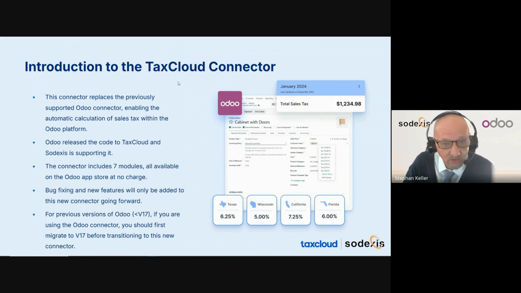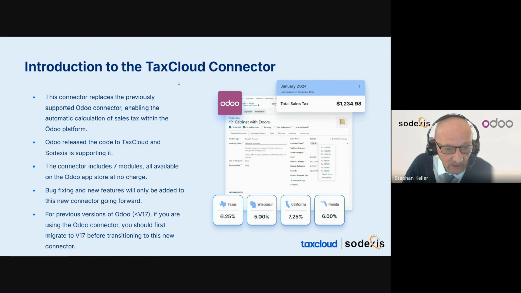Odoo actually released the code to TaxCloud, and TaxCloud then proceeded to ask us to help them support it. We were very happy when TaxCloud approached us about that. We already had many customers that were using TaxCloud, so for us to decide to support it was a no-brainer. And we're really looking forward to continuing that collaboration.